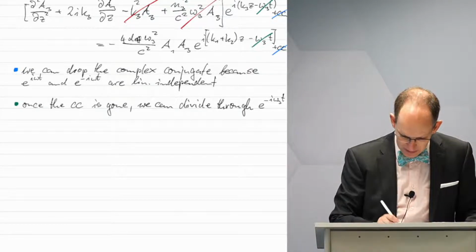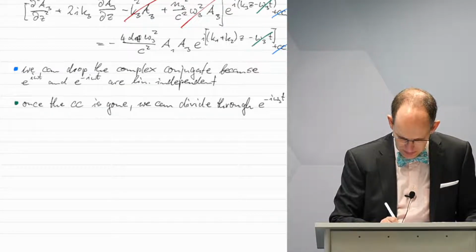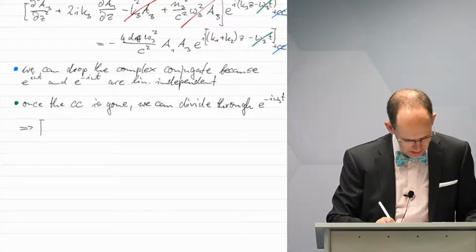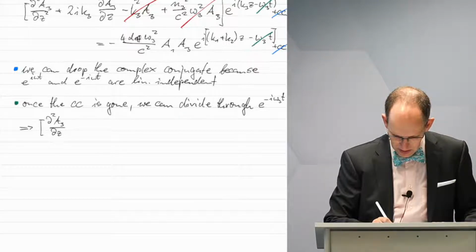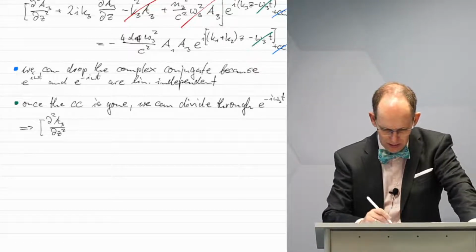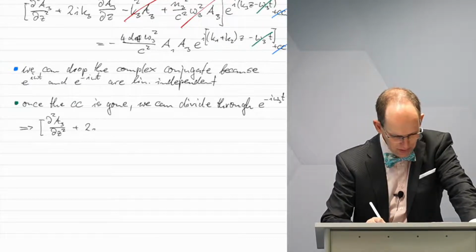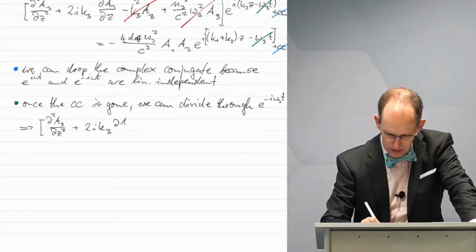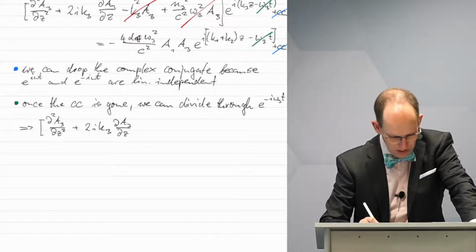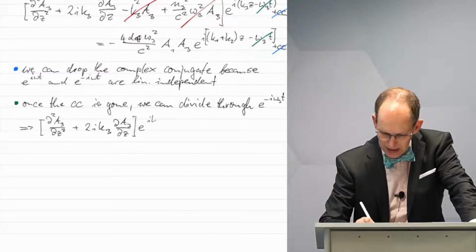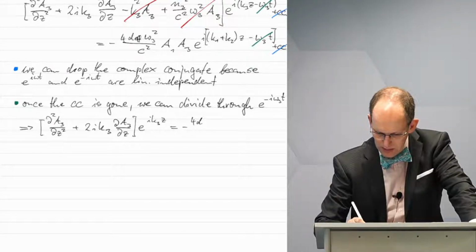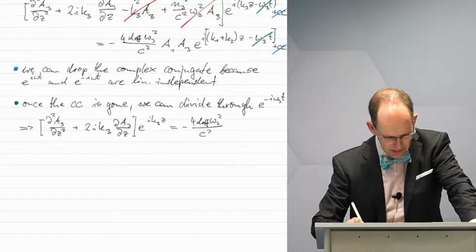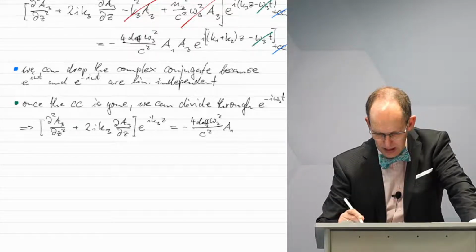Namely, we have now the second derivative of A3 plus 2 times ik3, first derivative of A3 with respect to z, e to the ik3 times z, is equal to minus 4 times this effective nonlinearity omega 3 squared divided by c squared, A1, A2.